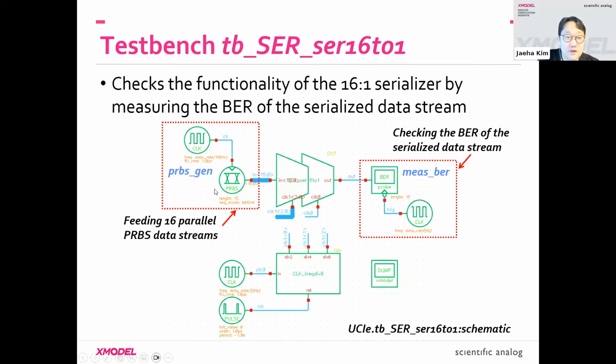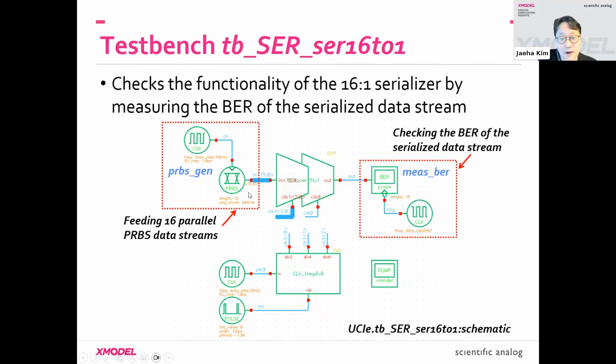To do that, you can use a primitive called PRBS gen, which produces a PRBS pattern. One nice feature of that is it can produce parallel streams, like 16-bit streams. And of course, you can also choose the pattern length of the PRBS pattern.